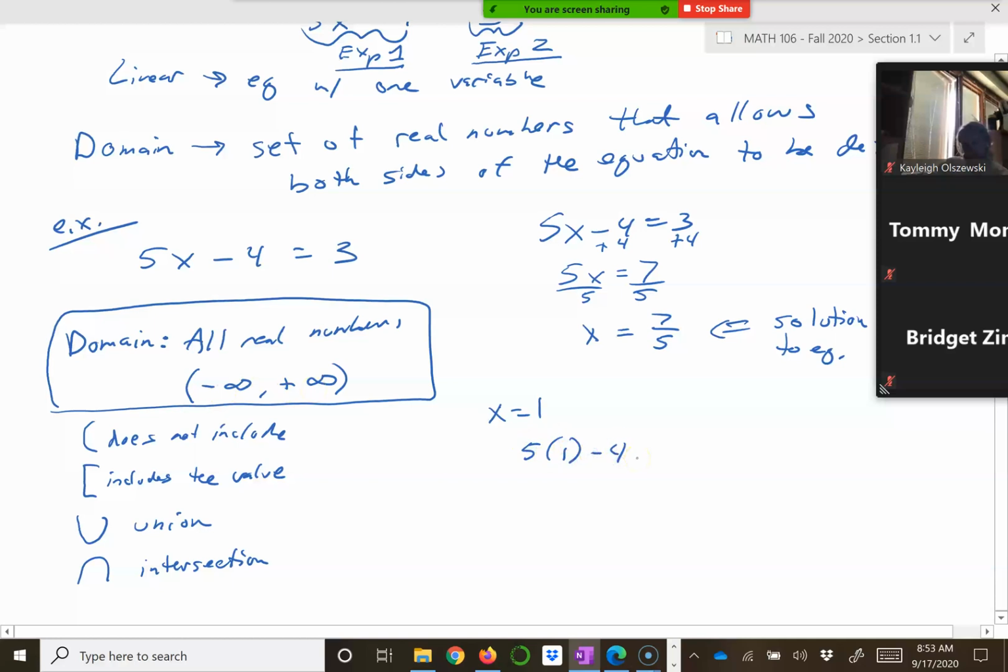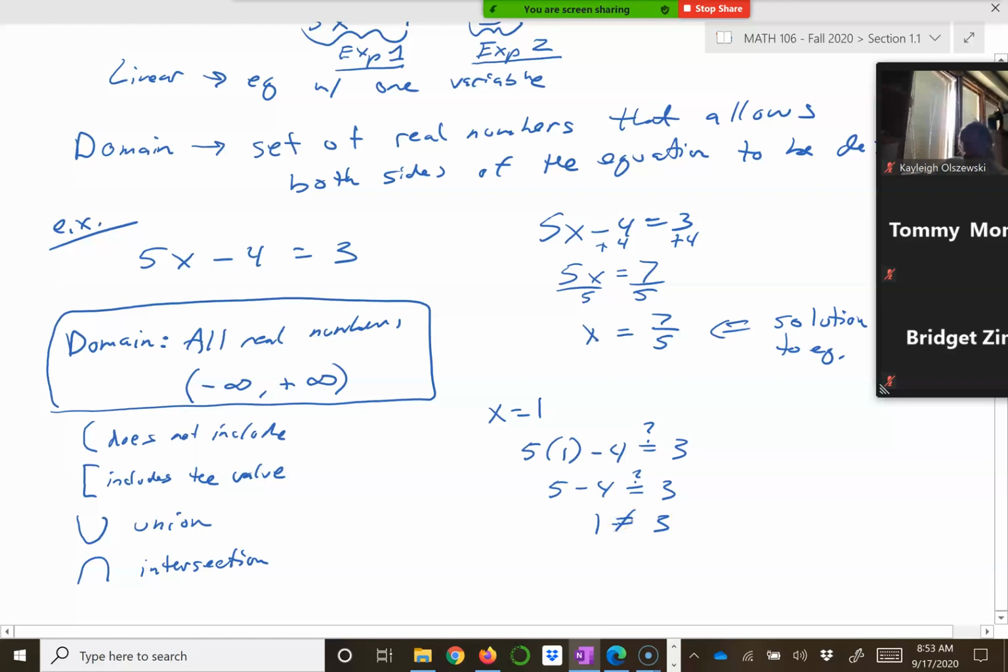Anytime we're not sure if the equation is going to be true, sometimes you put a question mark above the equal sign because you're not entirely sure if it's going to work. And then you'd have 5 minus 4, question mark, equal sign, 3. So this is 1 and 3. We know 1 does not equal 3, so you're going to see a lot of dashes through equal signs.